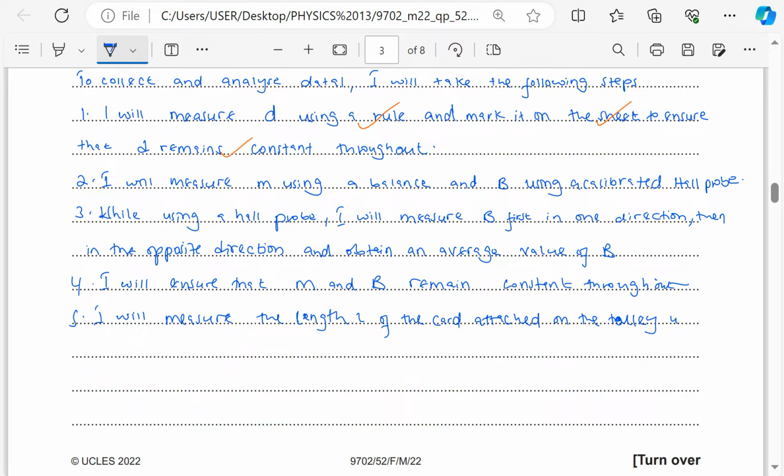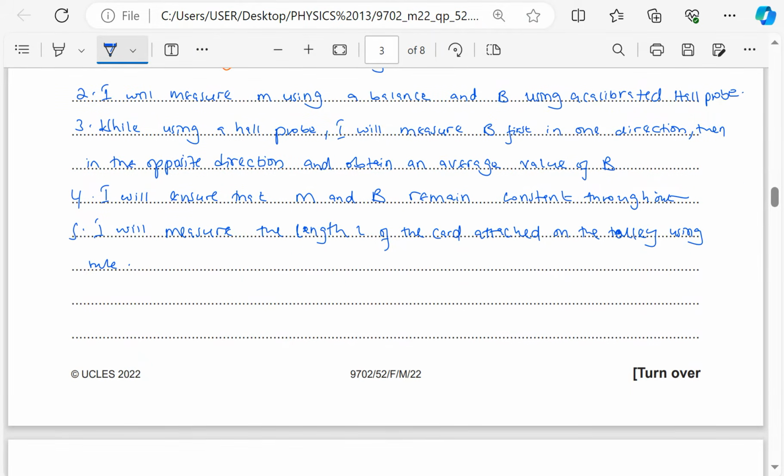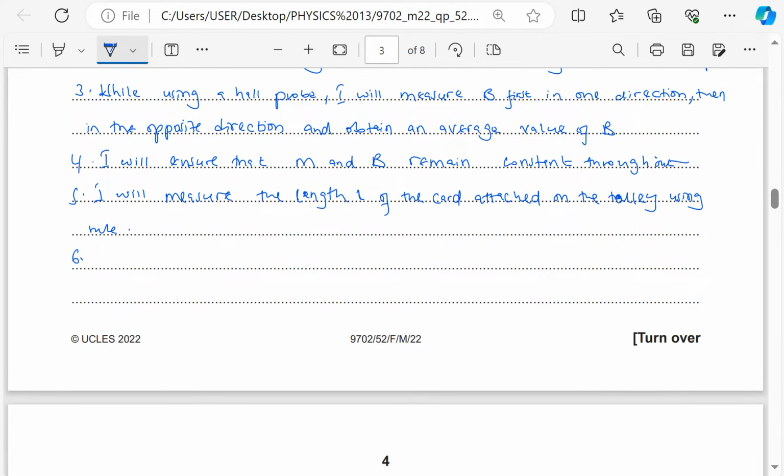Measuring this must be using a ruler. Remember, the length L of the card is the one which is going to intercept the light gate, so that we record the time of interception. So if I know the length and the time of interception of the light gate, then I can find the speed with which the trolley reaches point X.